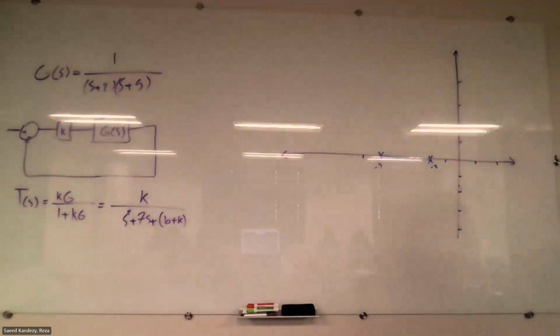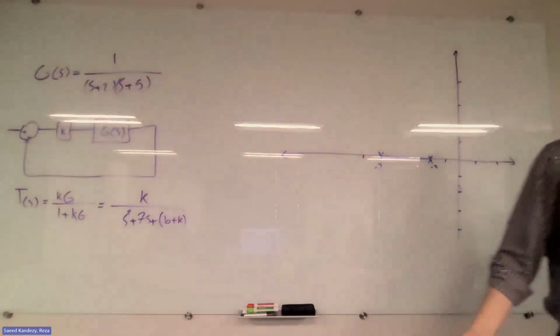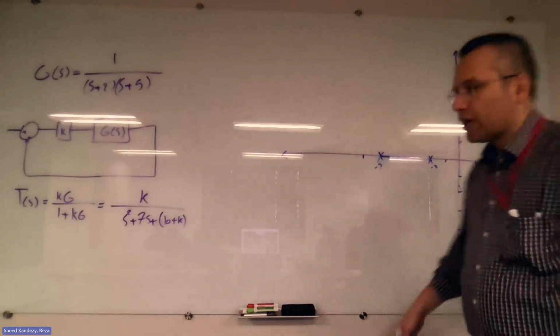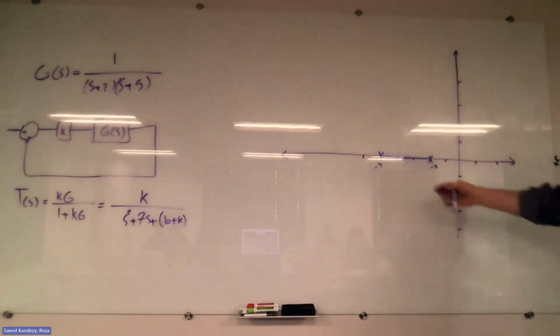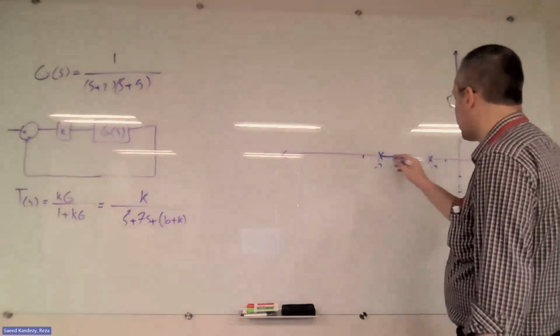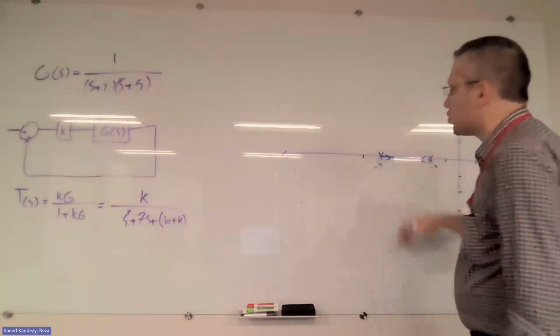Now, we have two poles and no zeros. Basically, two finite poles and no finite zeros. So we talked about that. If we are short of finite zeros, we can assume that there are some zeros at infinity that these poles would end up at. So the trajectory would start from each of these poles, move toward each other.